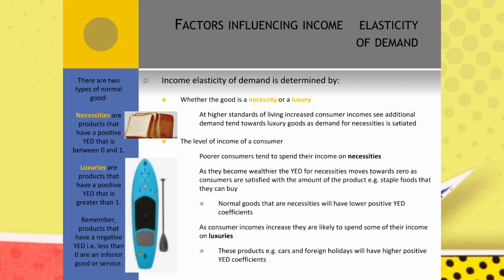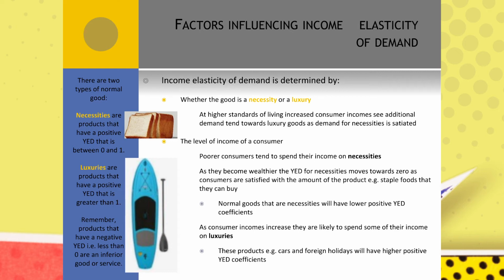So because we've already got enough necessities, we then start to spend our money on more expensive items like luxury goods. Okay, so necessities: food, shelter, water, clothing. Once our standard of living increases, we start buying more and other things that we don't really need but we want. So we call these luxuries.